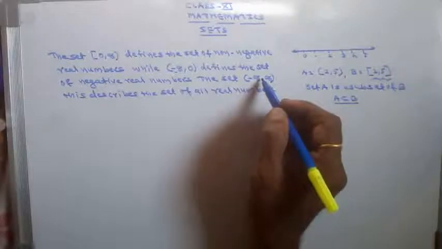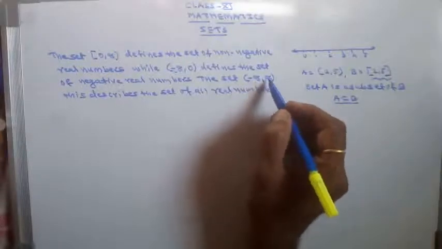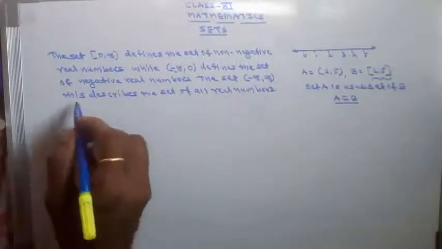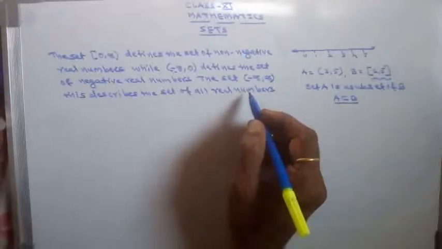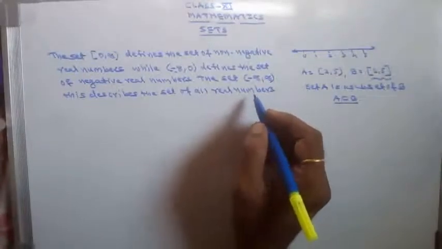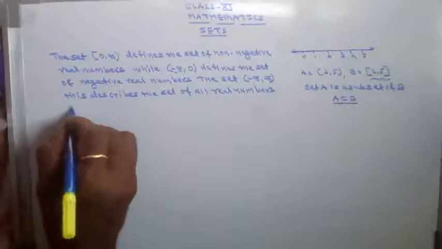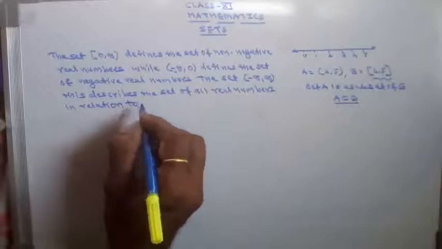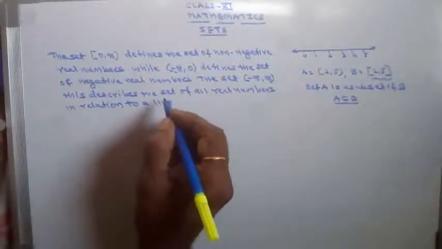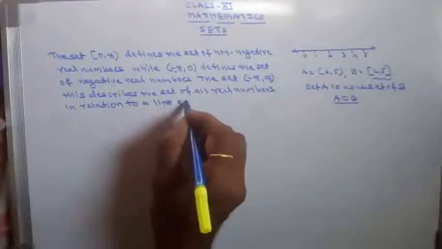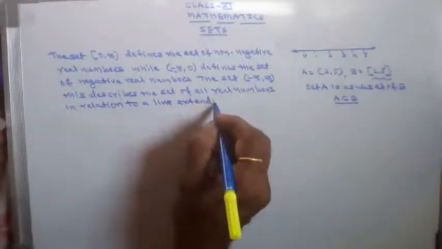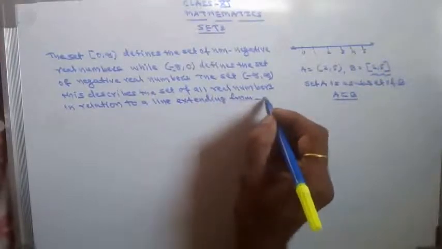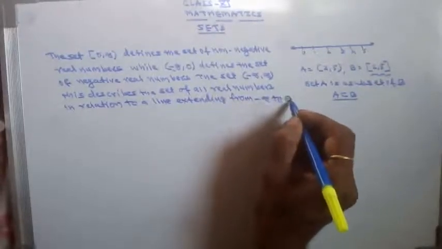But here, excluding minus infinity and excluding infinity, this describes the set of all real numbers in relation to a line extending from minus infinity to infinity.